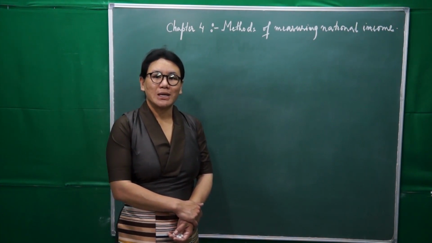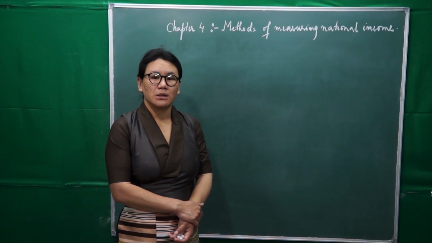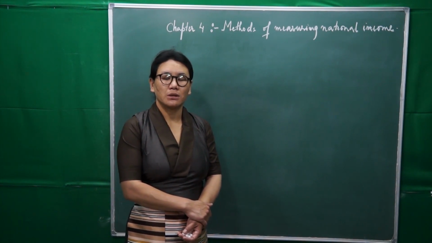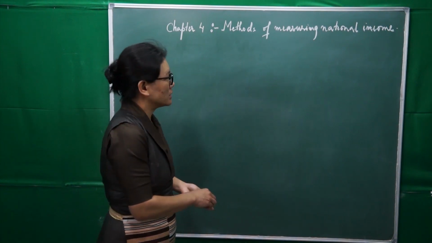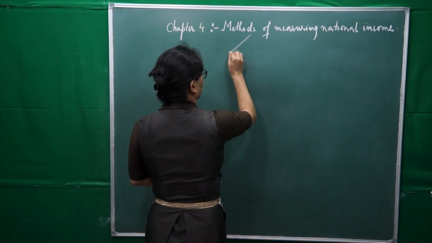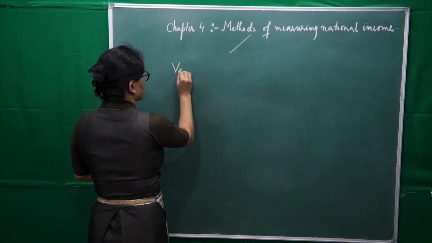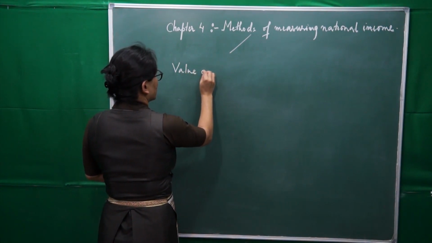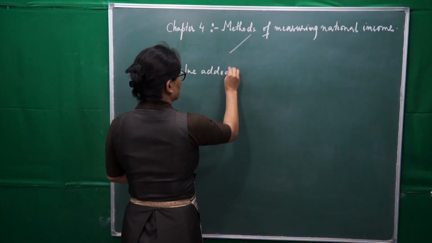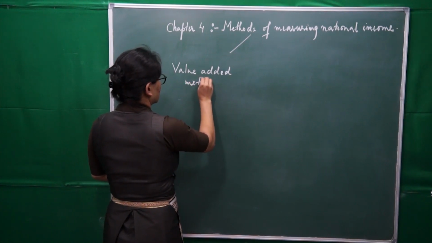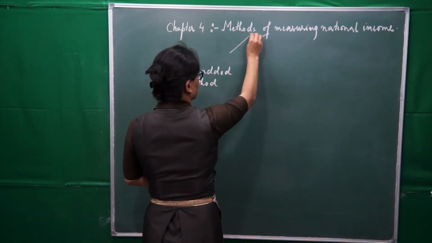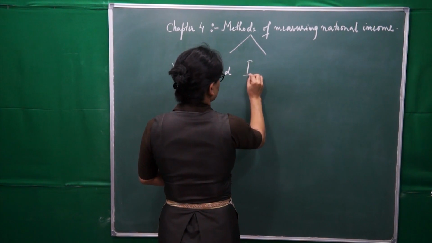There are 3 different or separate ways of measuring national income. And these are, the first one is value added method. Second one is income method.